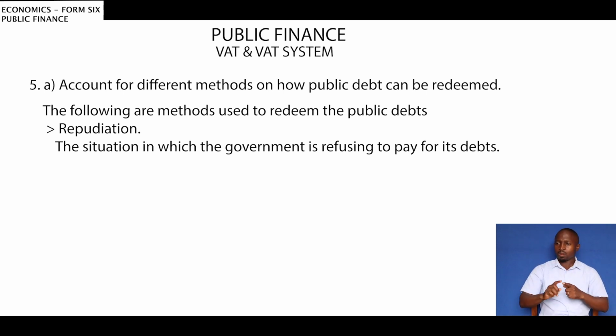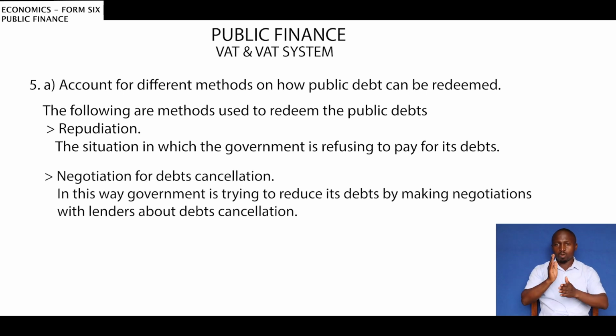Repudiation means to refuse to make payment of loans. And another point, negotiation for debt cancellation. In this way, the government tries to reduce its debts by negotiating with lenders about debt cancellation.